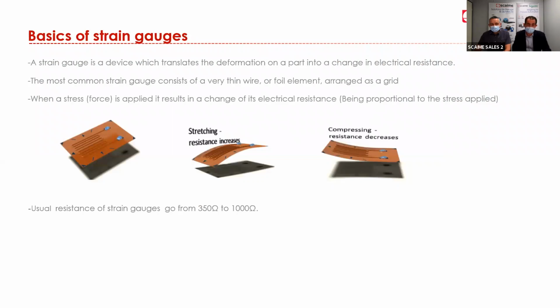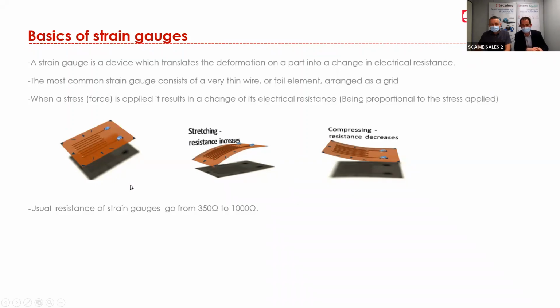Now about strain gauges, the technology used in load pins in order to measure the force. A strain gauge, very shortly, is a device which translates the deformation of a part into a change in electrical resistance. Basically, a strain gauge is a resistance. The most common strain gauge consists of a very thin wire or foil element arranged as a grid, as you can see from the picture.